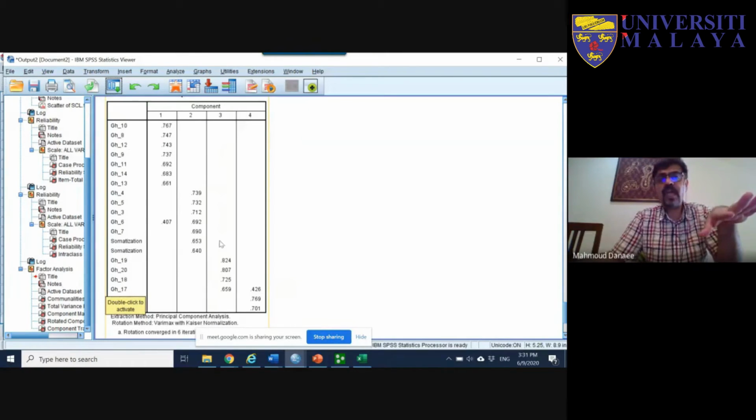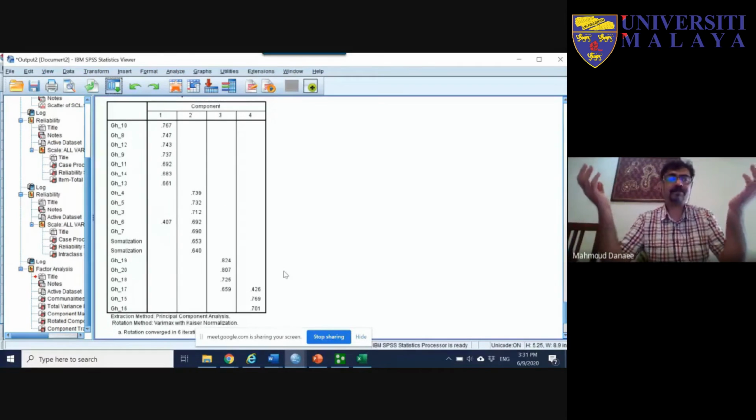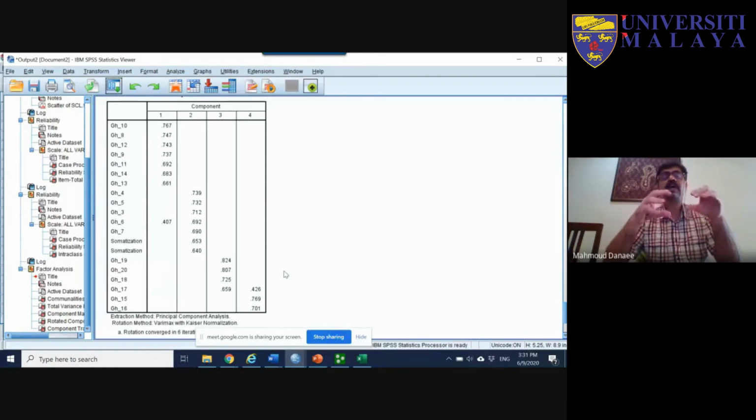So this is the way we deal with it when you are developing or adapting a questionnaire. Because under development, we don't have any assumption or idea about the structure of these items. That is why we do the exploratory factor analysis.